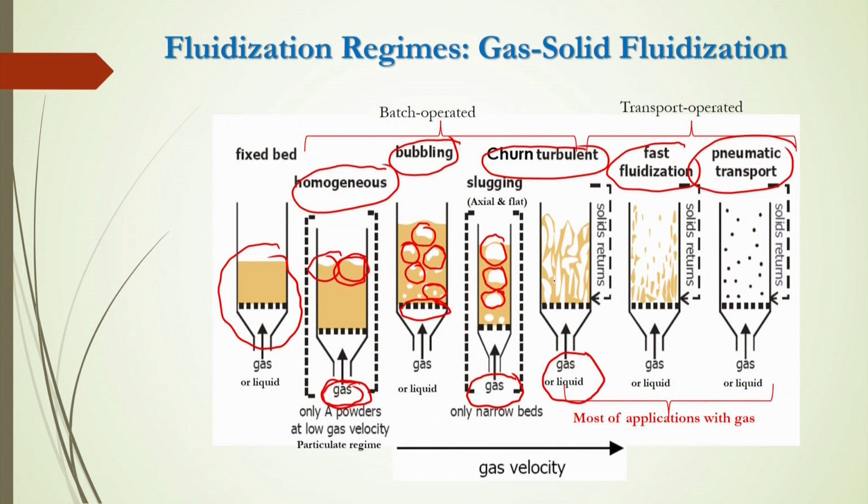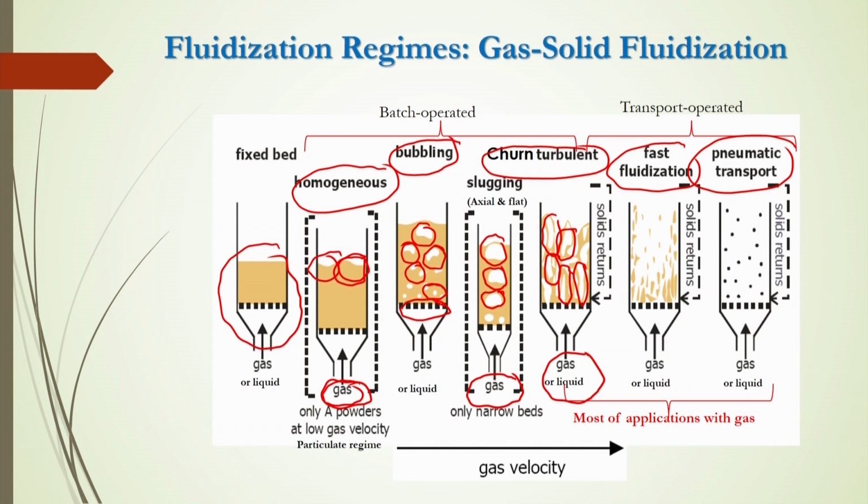Here voids will be there, but they will not be exactly bubble shaped. Sometimes they are long longitudinal bubbles, and in between these two bubbles there will be a channel of solid particles, or a channel of gas along with the solid particles, in such a way that there is a churning phenomenon inside the bed. This is called the churn turbulent fluidized bed.